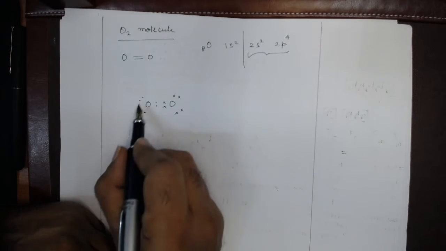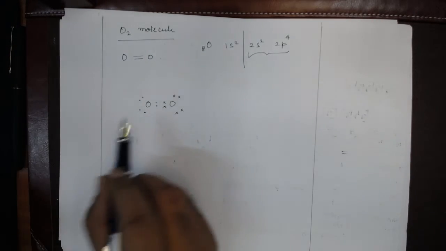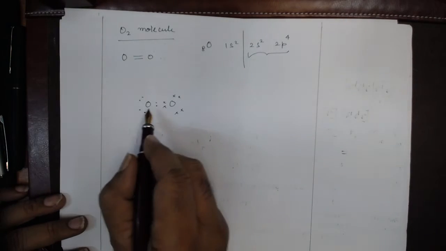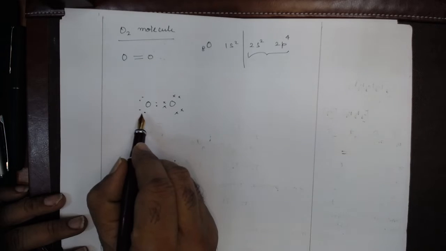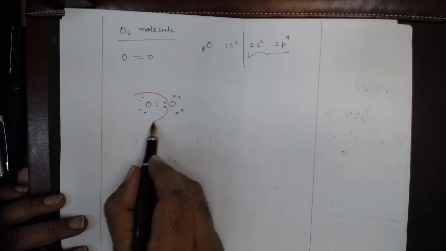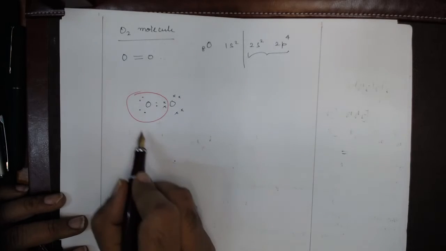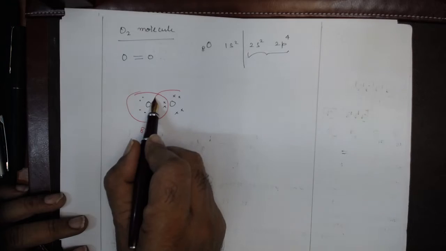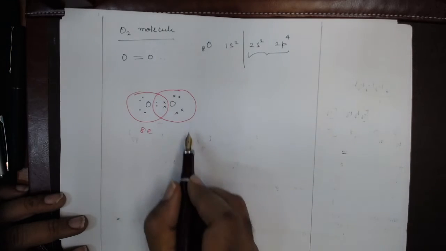Okay. Now you can account for the 8 electron system. How can you do that? That is 2, 4, 6, and you can include this one also. See that? So are you able to get 8 electrons? And this also. When you count, you have 8 electrons.